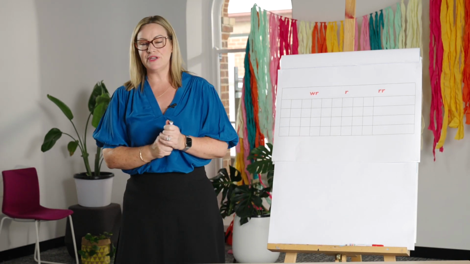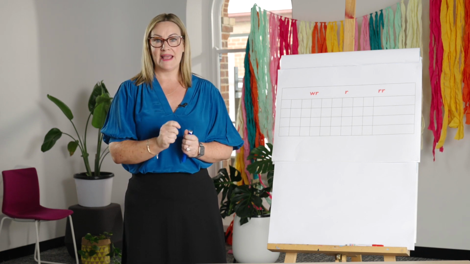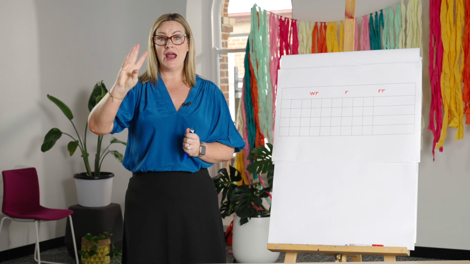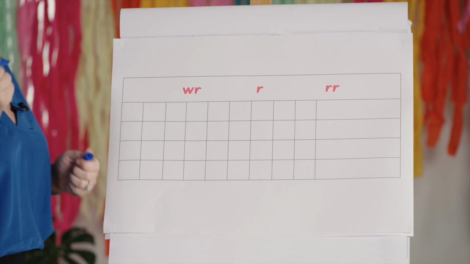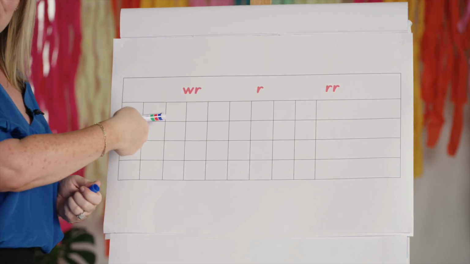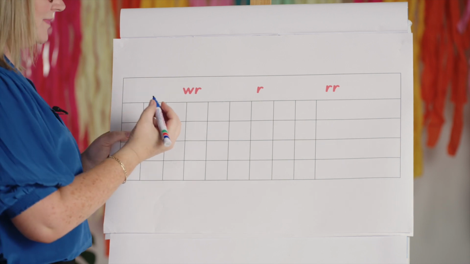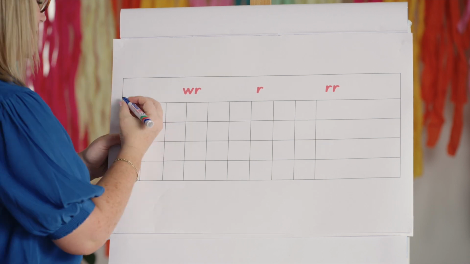Our first word today is wrecking. Wrecking. Tap and say, wrecking. Have you got your pencil and paper ready? Write with me. Let's do it together. Let me hear you.